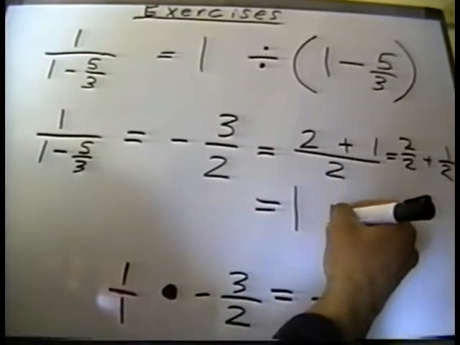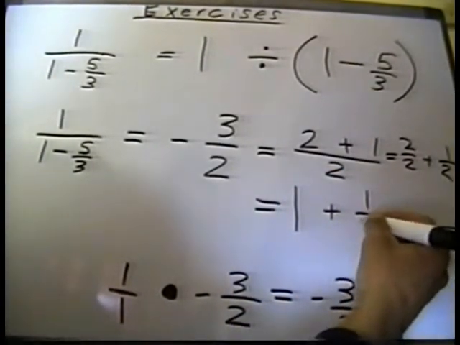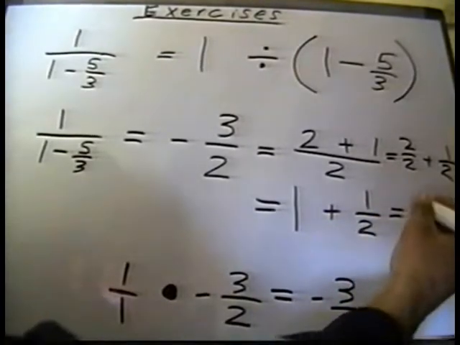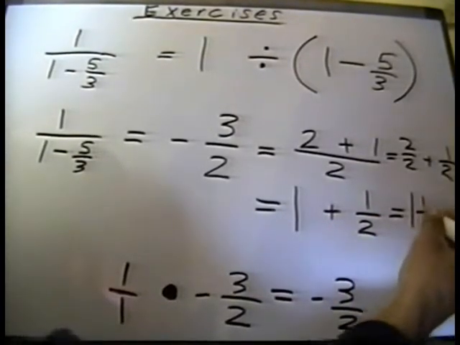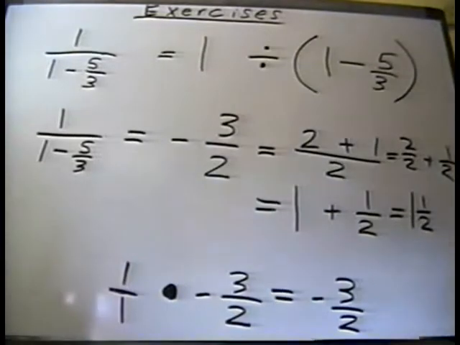Okay, now 2 over 2 plus 1 over 2, that's equivalent to 1 plus 1/2. Or we say 1 and 1/2.